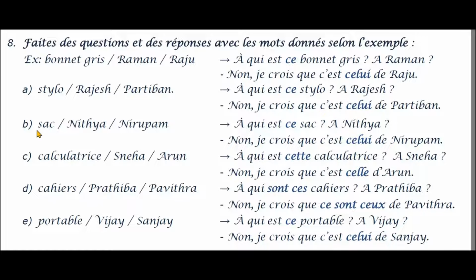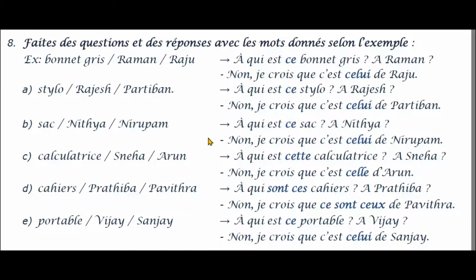Now, options C and D are going to have a few more changes because your calculator is feminine. For feminine, you should know that this ce, which is there in the example, will become cette here because calculator is feminine.